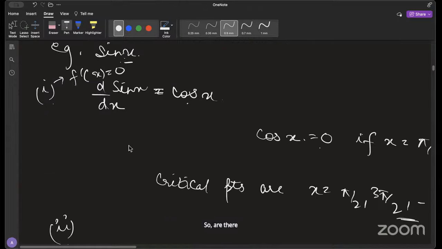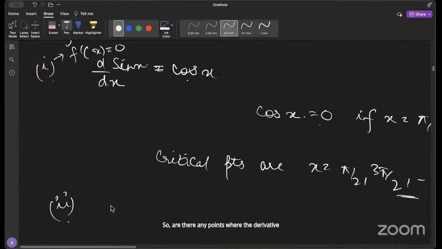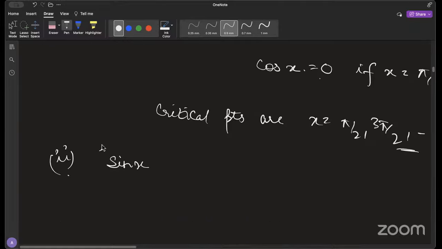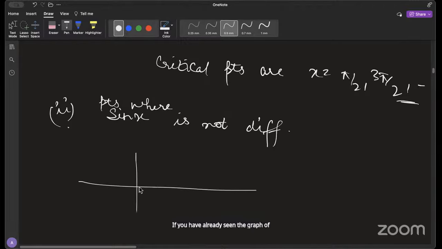So is there a point where sin x is not differentiable? If you have already seen the graph of sin x, it looks like this.